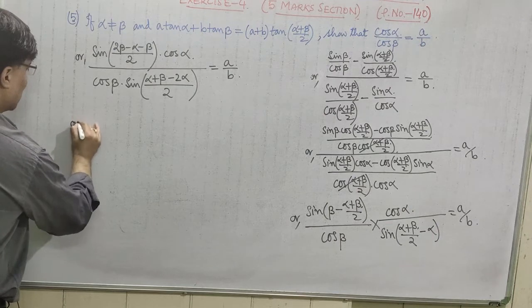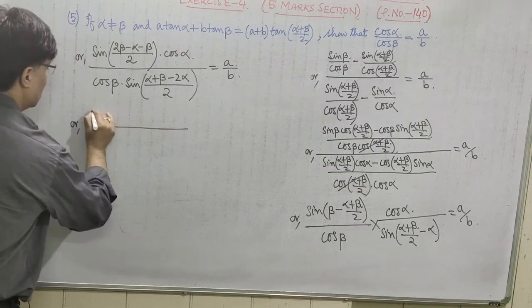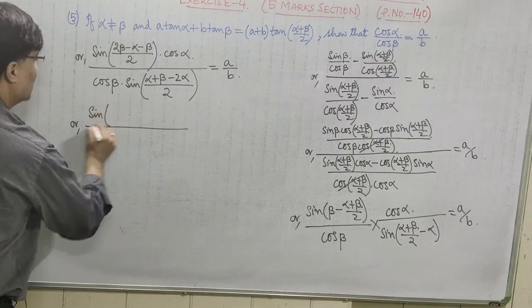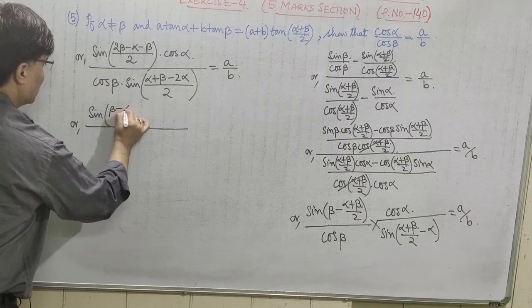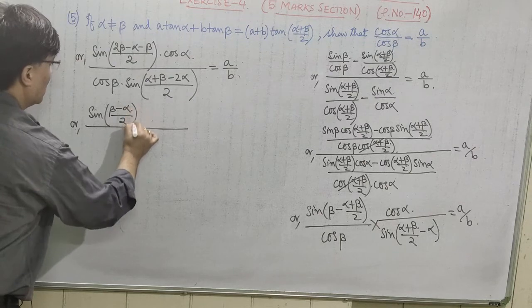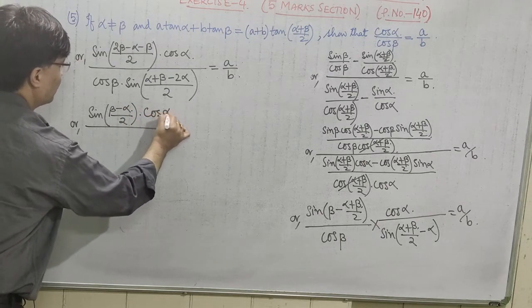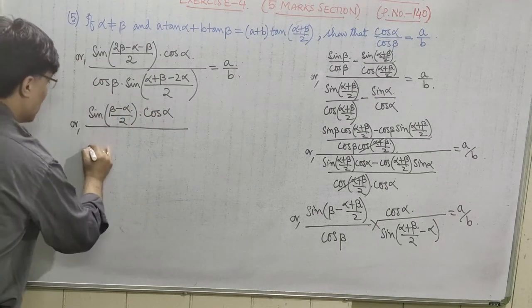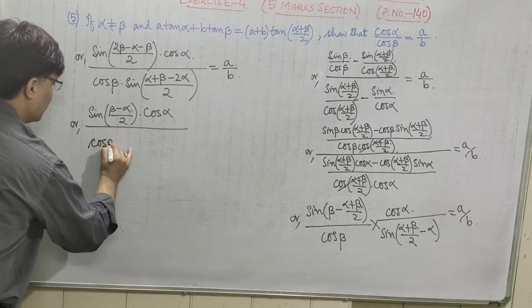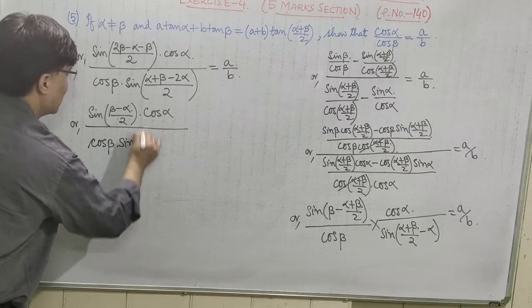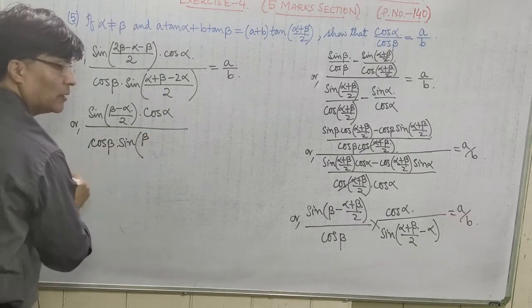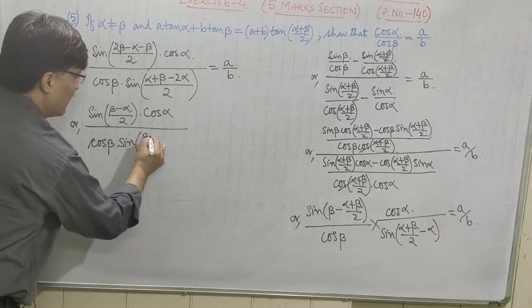So let us simplify it now. Again, this is sine of (2 beta minus beta minus alpha)/2, that is (beta minus alpha)/2, into cos alpha. Next, cos beta into sine of, here also let us write beta first, then what is alpha minus 2 alpha?